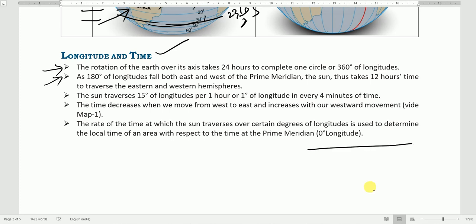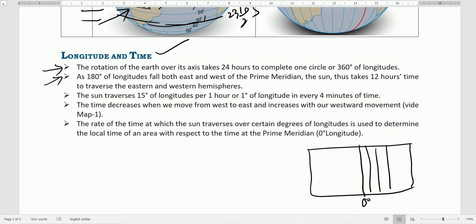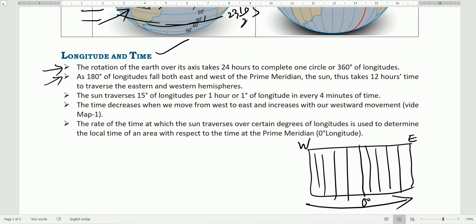So for example, let us say this is the prime meridian and these are the longitudes. Here we have east and here we have west, and Earth is rotating from west towards the east. And see here we have 180 degrees here, then 180 degrees here, and 0 is here.